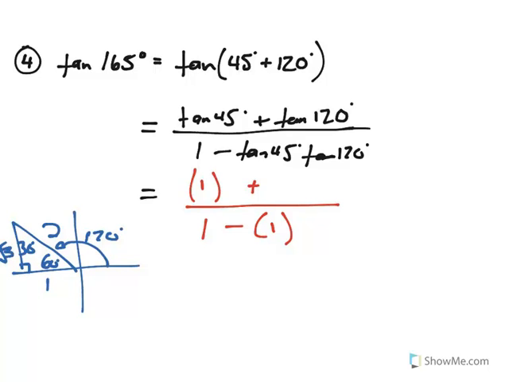In quadrant 2, the x value is negative because we went left. Tangent of 120 degrees is y over x. That's the square root of 3 over negative 1, which is negative square root of 3. I can replace in this equation tangent of 120 with negative square root of 3.